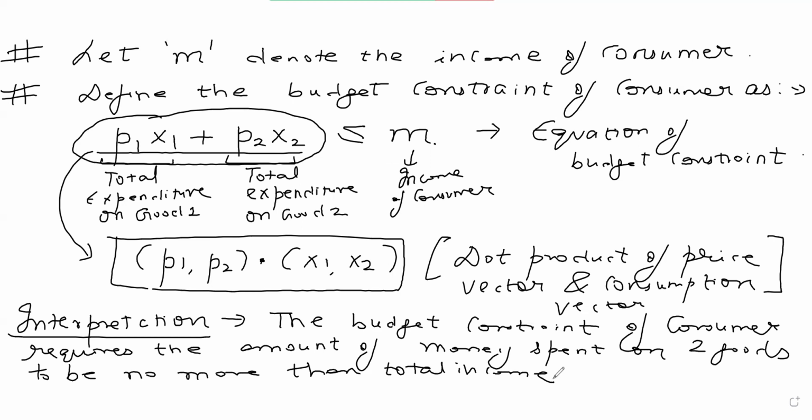No more than the total income of the consumer. That means the budget constraint captures the affordability. The consumer cannot spend more than his or her income.